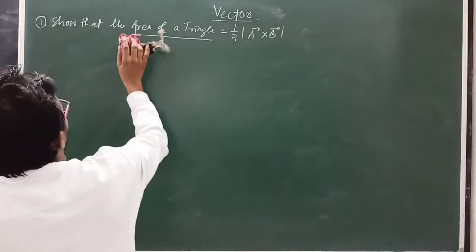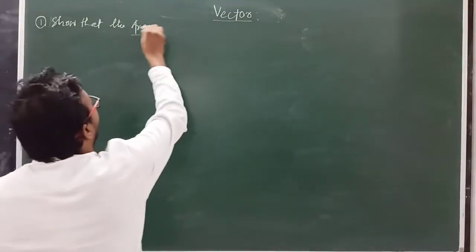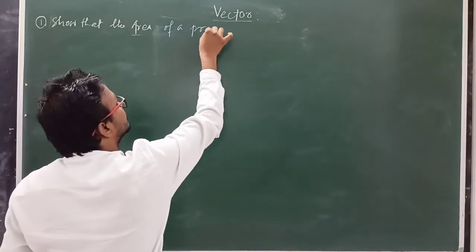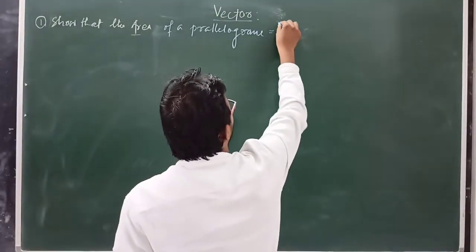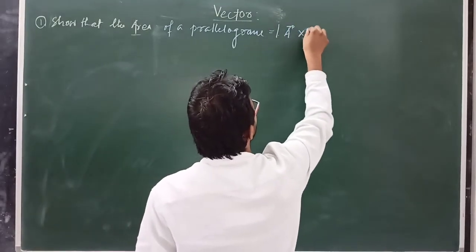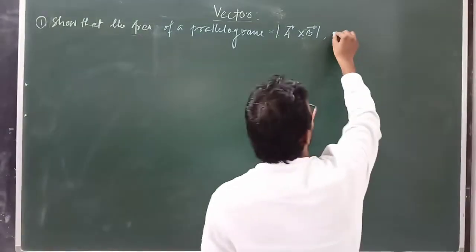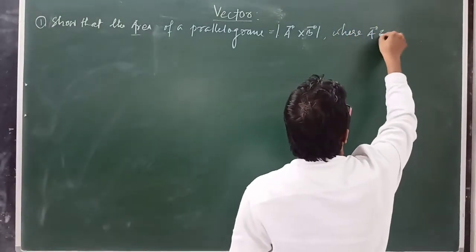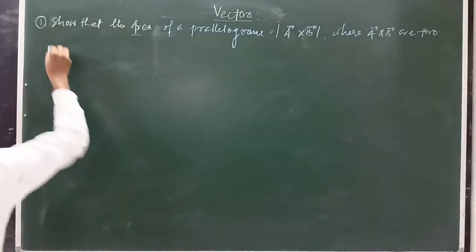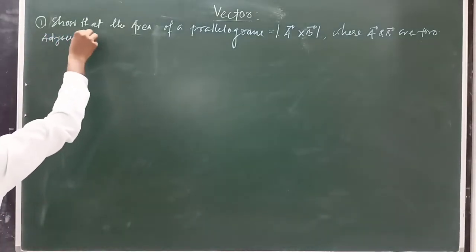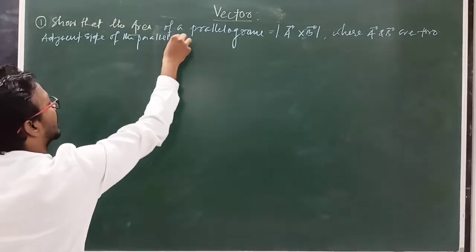So the second application is the area of a parallelogram, which equals the magnitude of A cross B vector, where A and B are two adjacent sides of the parallelogram.